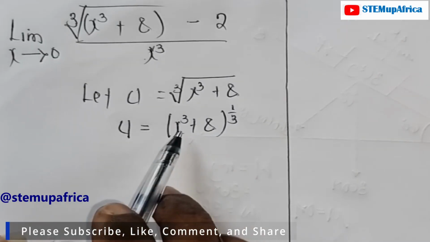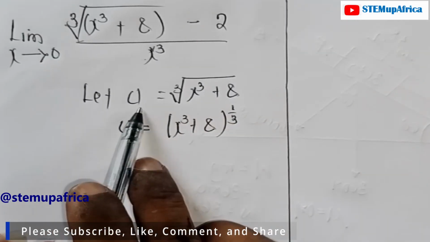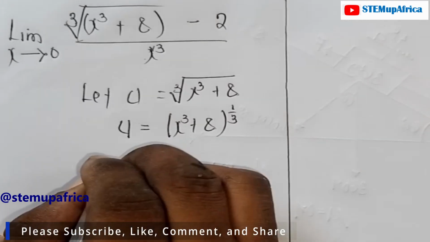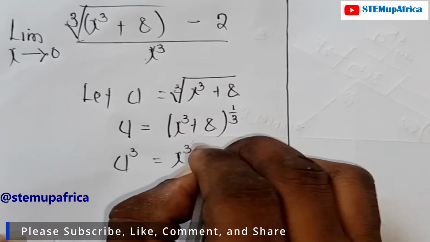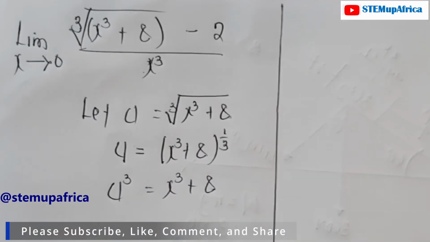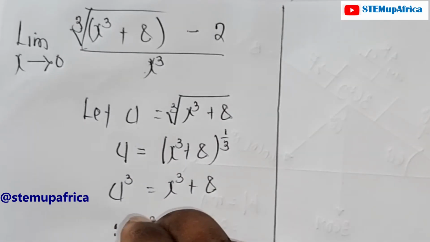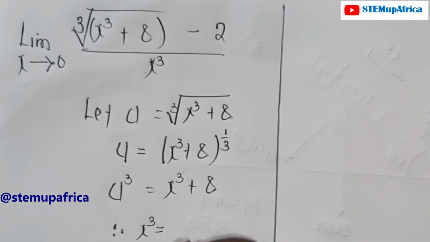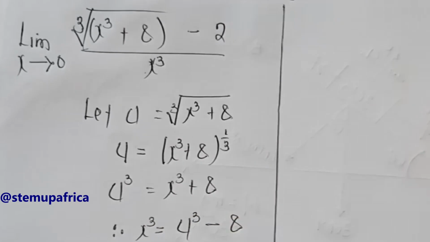To find s cubed, I need to remove this 1 over 3, so it becomes 3 over 1, which is 3. So u raised to power 3 is simply s cubed plus 8. Therefore, s cubed is simply u raised to power 3 minus 8.